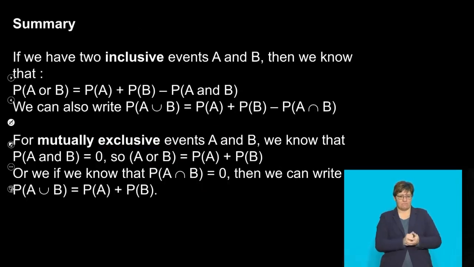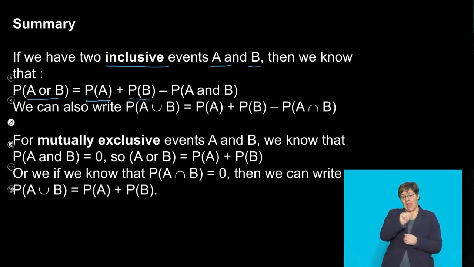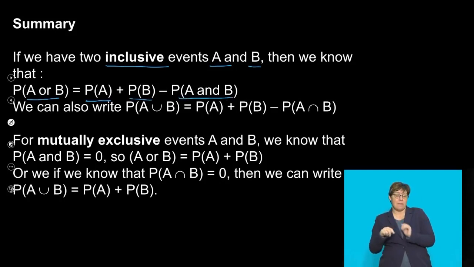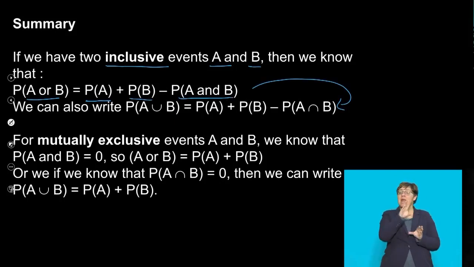So let's look at our summary. If you have two inclusive events A and B, then the probability of A or B is the same as the probability of A plus the probability of B minus the probability of A and B. Inclusive means there's some intersection between the two events.